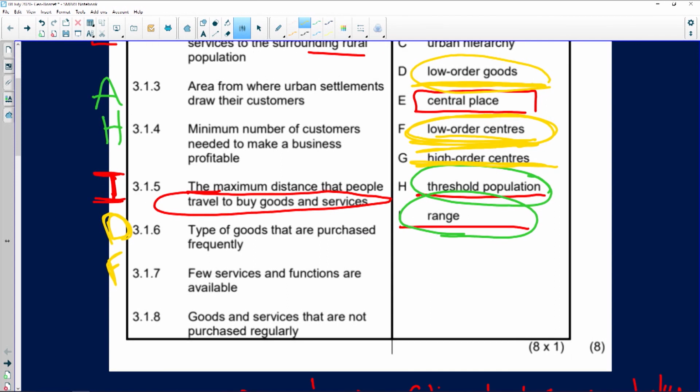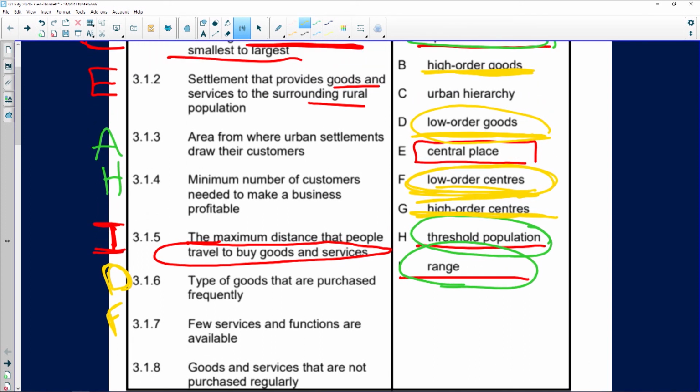If we quickly have a look at question 3.1.8, goods and services that are not purchased regularly. Once again, we think about expensive stuff. Do you think people buy Ferraris every day, every month? No, it's too expensive. It's a very exclusive market.